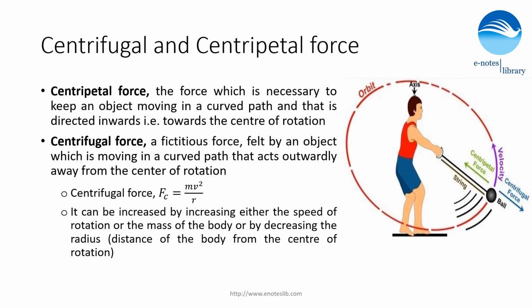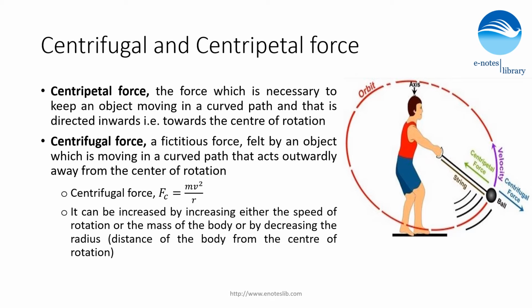Centrifugal force is basically represented by F subscript C, which is given by mv squared divided by r, where m is the mass of the object. Here the ball is our object, v is the velocity of the given object, and r is the distance from the center of rotation to the body.